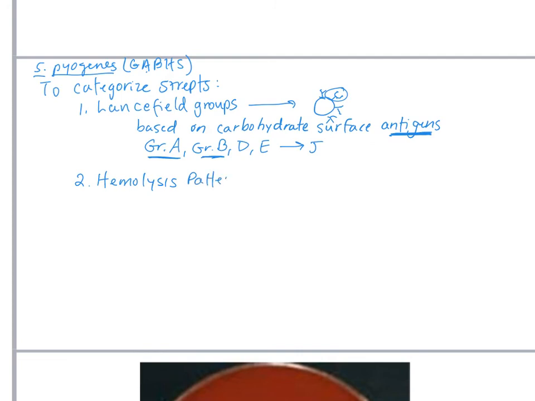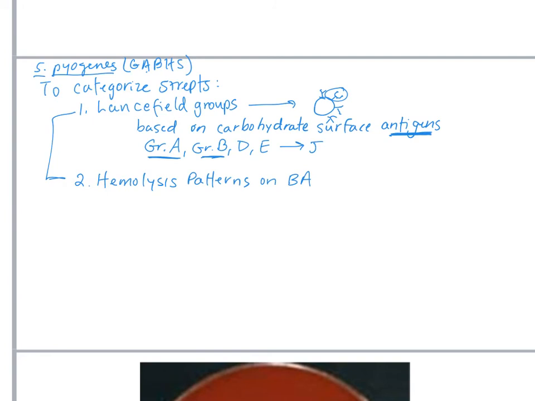These two different ways to categorize streps are totally independent from each other, and not necessarily related to the clinical significance of the organism. We can categorize our streps based on their hemolysis patterns when they're streaked out on blood agar. So, do they have a characteristic way that they lyse the red blood cells?